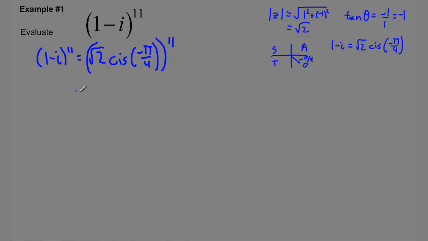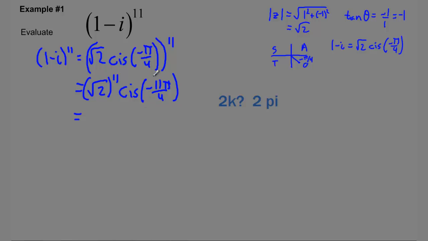So that would put the modulus to the exponent of 11, so root 2 to the 11th, and then cis, and the 11 will multiply the angles, so that would become negative 11 pi over 4. Before I do anything else with that, I can simplify that negative 11 pi over 4. If you remember, one of the rules we have for cis, for polar form, is we can add multiples of 2 pi.